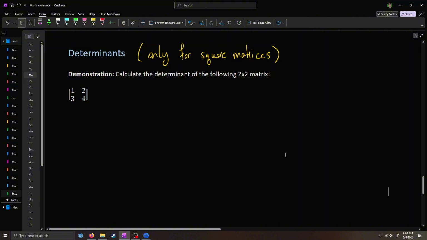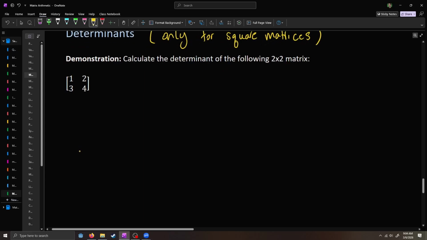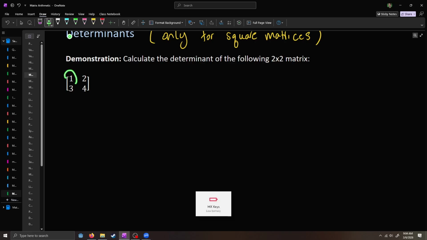So to begin with, if I want to demonstrate the technique for calculating the determinant of the following 2 by 2 matrix, I can use the following process to do that. I'm going to start with the very first entry in this matrix, the value positive 1 in the top left corner.